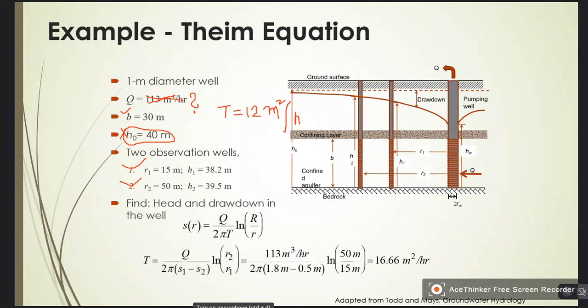So you are given Q. Sorry, you are given T, H1, H2, R1 and R2.